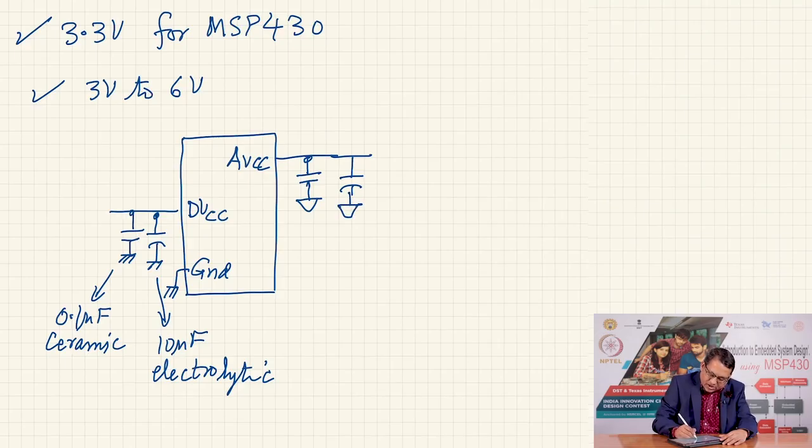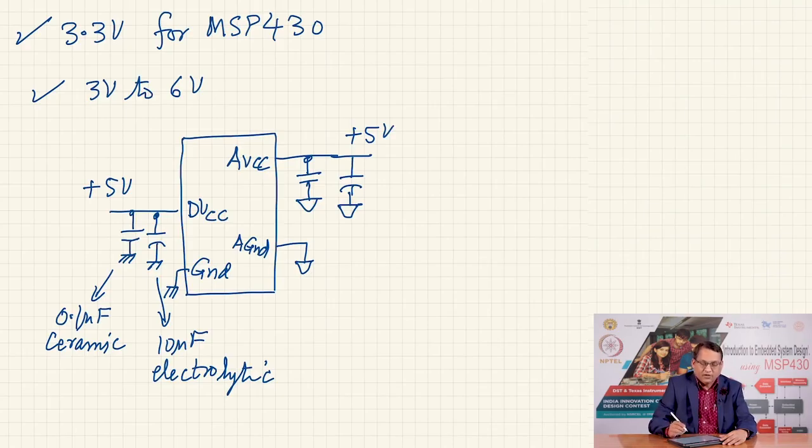So, this I would call AGND, and this I am grounding like this. This could be plus 5 volts, this could also be plus 5 volts, but because I have connected the ground here separately, the source of the pin's power supply is say plus 5 volts here, and this is my ground.